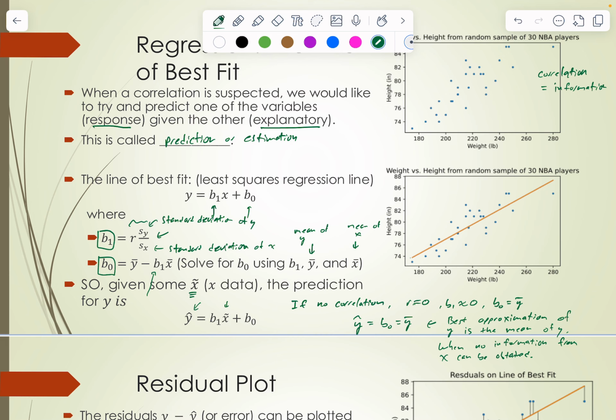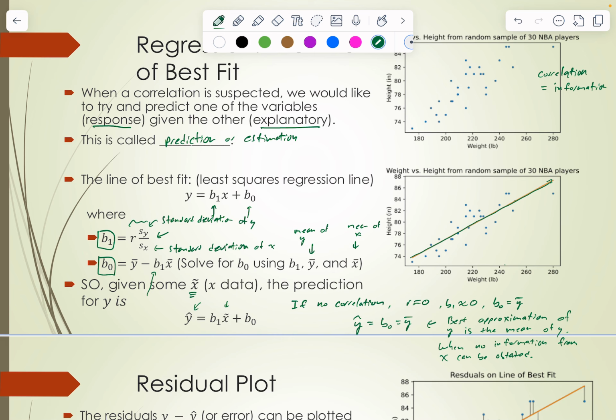You can take that line and plot it, and it's always going to go right through the middle of your data, like this line does. When we are using the line of best fit to estimate a y value, it's always going to land right on that line.